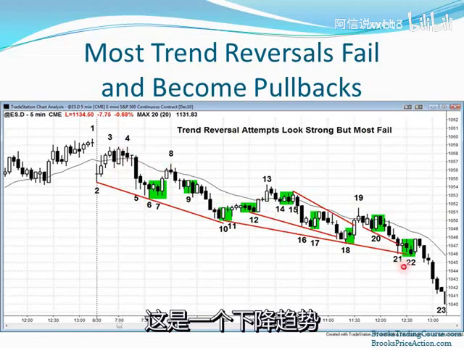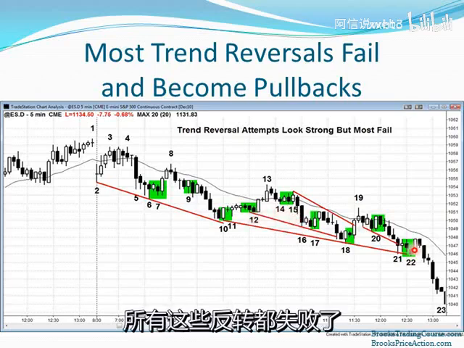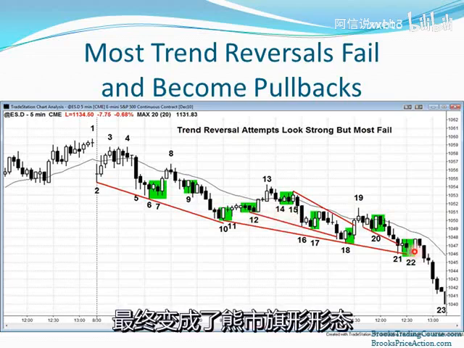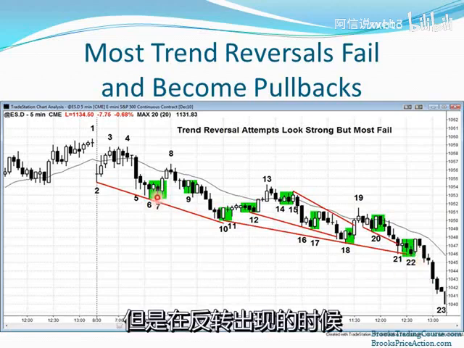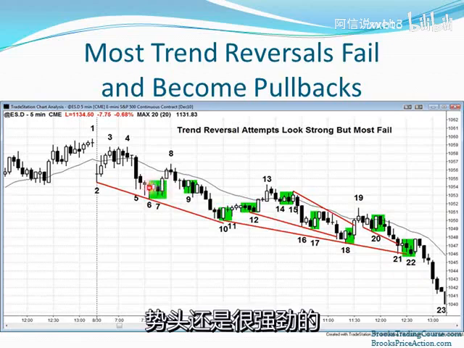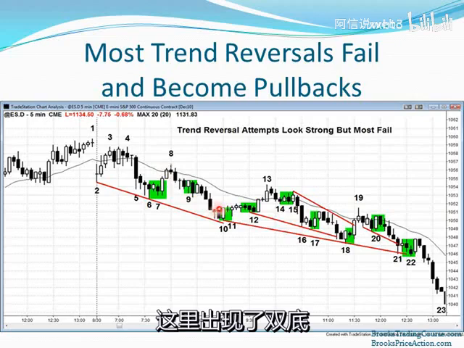Here's an example of a bear trend, and everything in green is a reversal attempt, and all of these reversal attempts failed and became bear flags, and the trend resumed. And as the reversals are happening, they look strong. For example, look at this one. You have two strong bull bars, failed at the moving average. Here you have a double bottom, it broke out to the downside, and you have a micro double bottom.